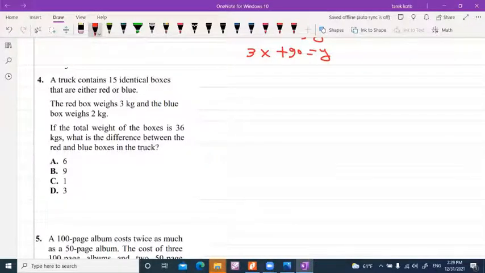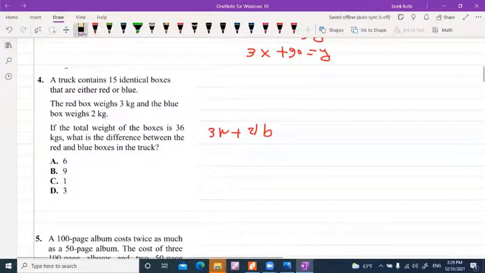Okay, so we consider that the number of red boxes is R, and the other one will be B, blue. Since the total weight is 36, I can say 3R, where 3 is the weight of each red box, plus 2B, the weight of each blue box, all that equals 36.